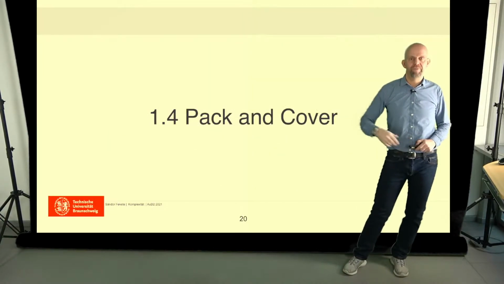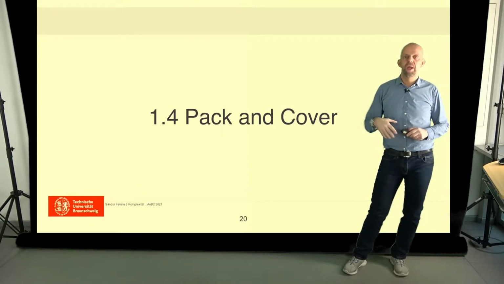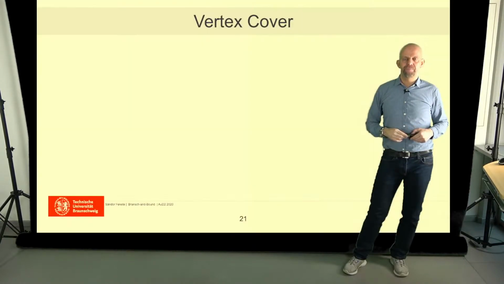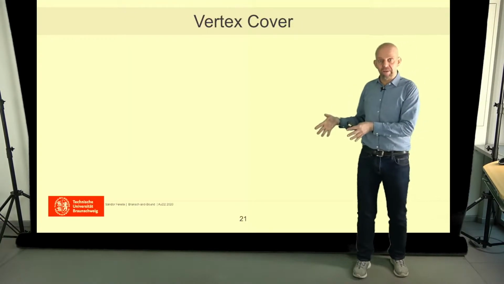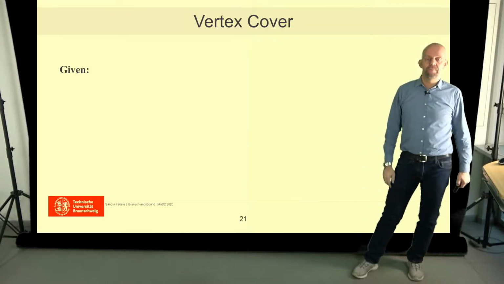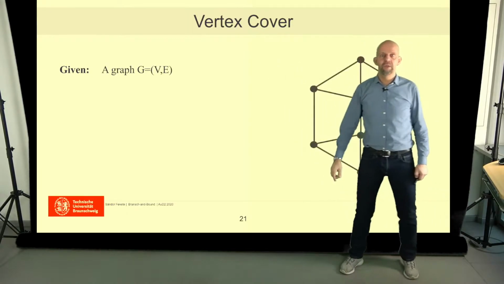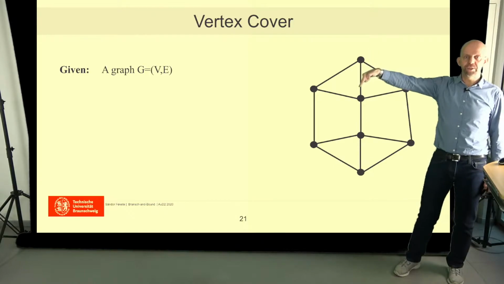Okay, we have another problem here where I will not give you an instance, but I'll show you that problem. That's not a packing but a covering problem. And this is not geometry, this is a graph. So you're given a graph. I give you this graph here.